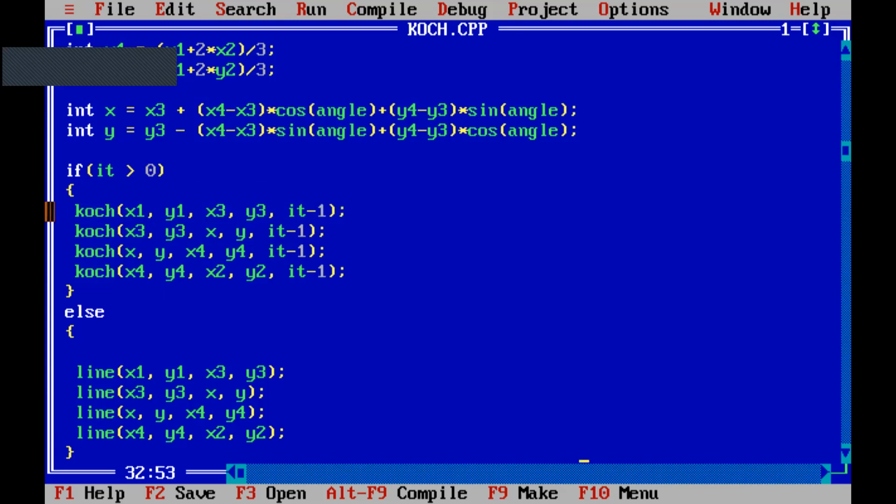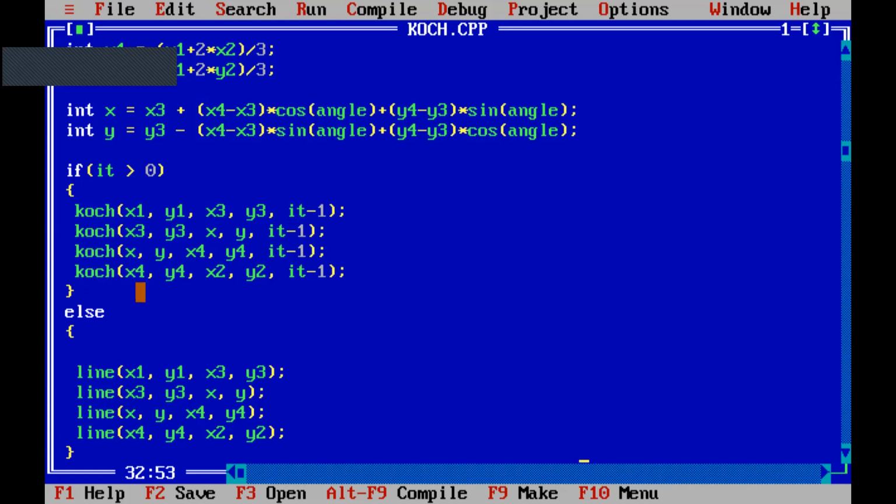So the first function is, I will call Koch x1, y1, x3, y3 with the value it minus 1. The second Koch function I will call for the second segment, between x3, y3 to xy with the value it minus 1. The third segment is xy to x4, y4, comma it minus 1.